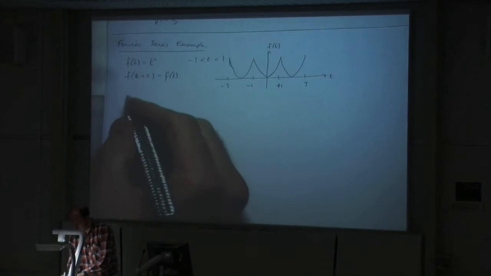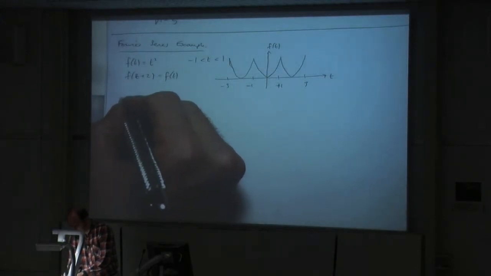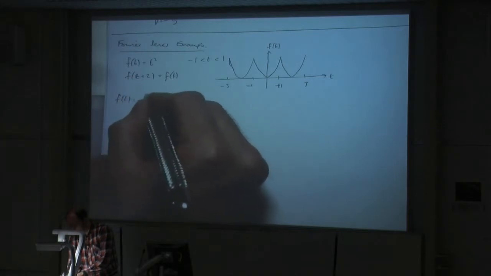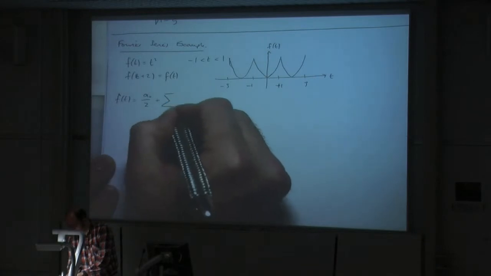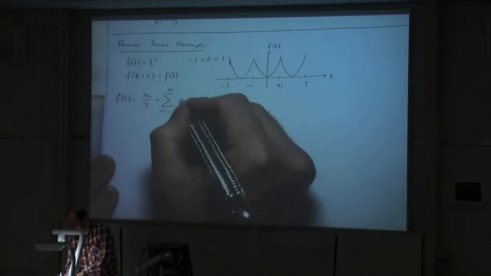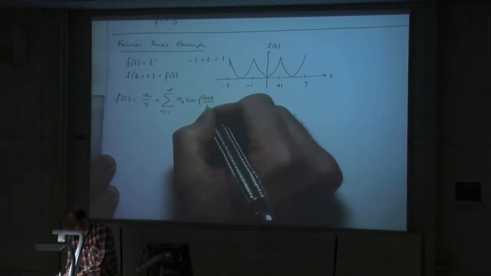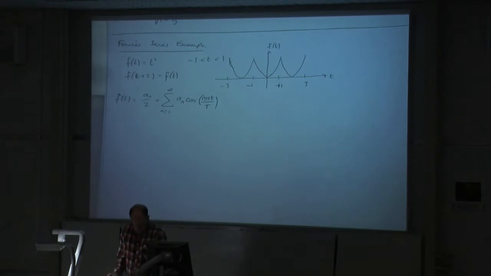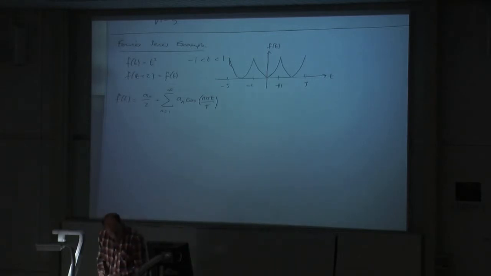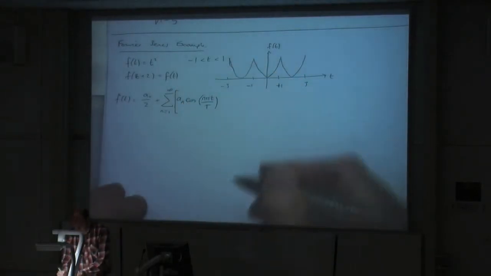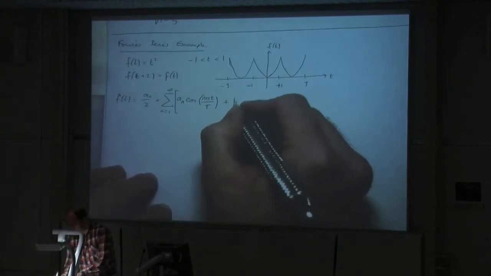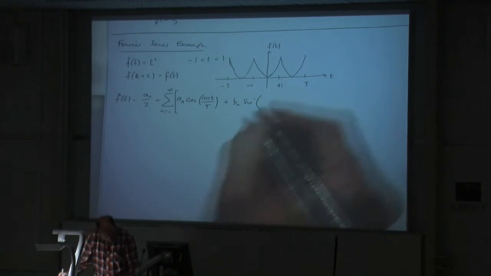Now we know the equation for Fourier series. f of t is a0 divided by 2 plus the sum from n equals 1 to infinity of an cosine of 2n pi t over big T, plus bn sine of 2n pi t upon T. Sorry, there's a 2 in here.